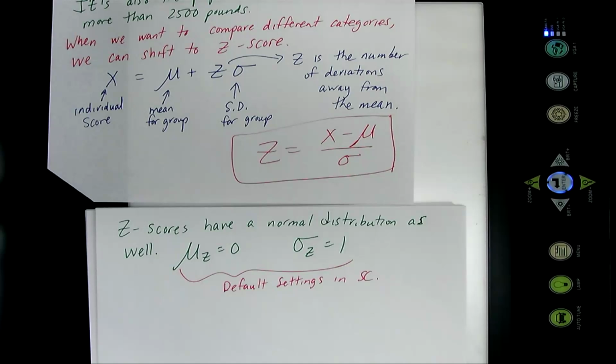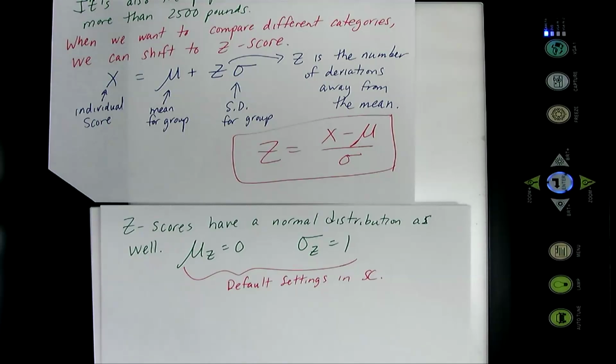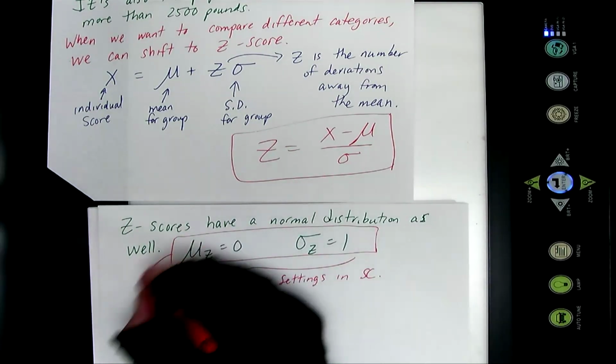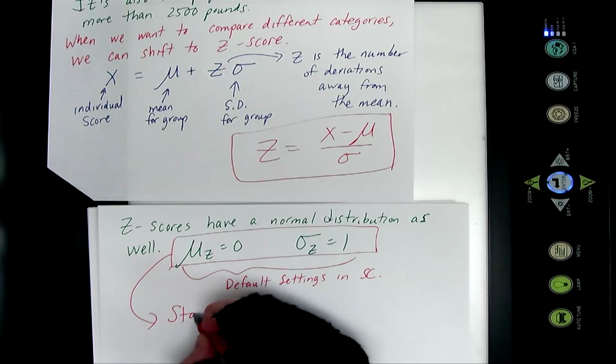And this particular distribution has a name. It's not just a normal distribution. This is called the standard normal distribution.